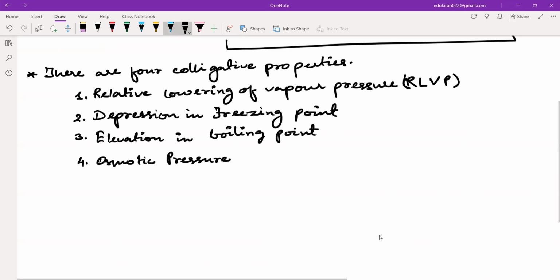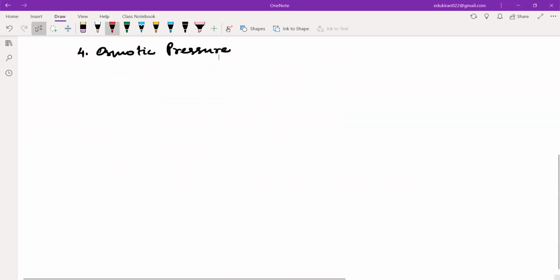Okay, so first of all, we'll learn about the relative lowering of vapor pressure. Relative lowering of vapor pressure is like very easy. It is very much similar to what we have studied in Raoult's law. Okay, so write the topic relative lowering of vapor pressure.